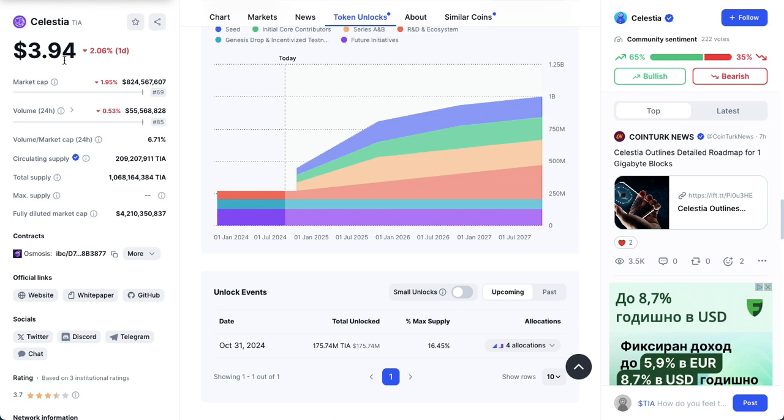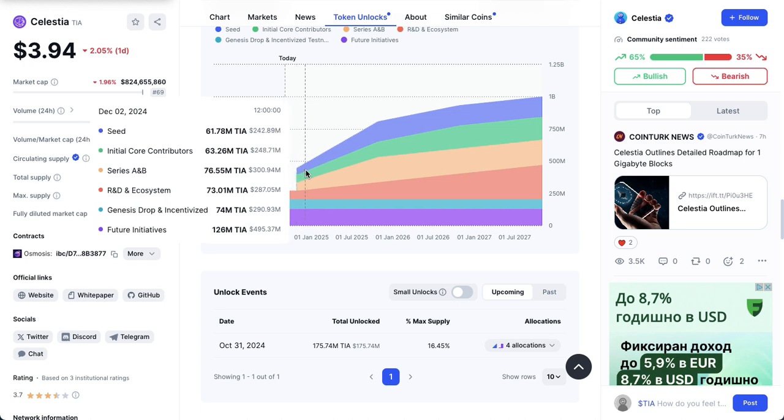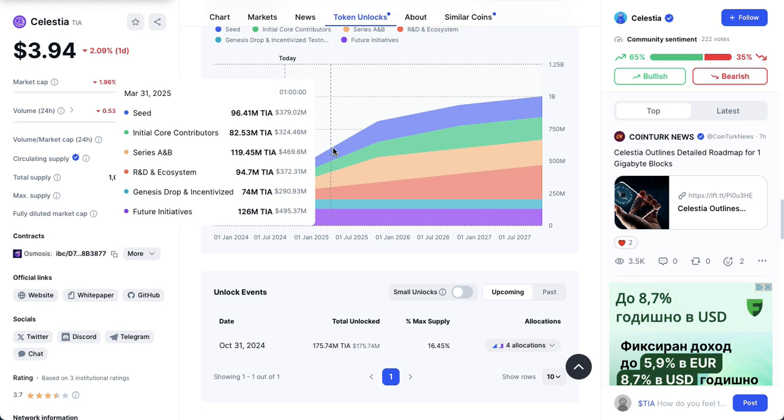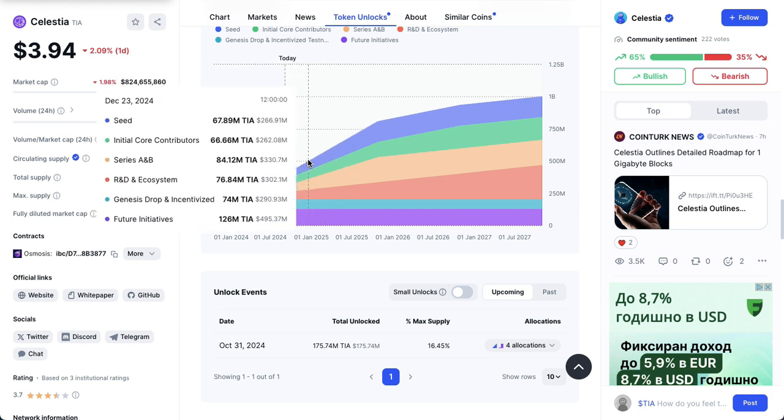Of course, I don't think Celestia will just keep that market cap. I think it will go much higher, but in the short term I think it will be quite bearish for Celestia, and then I think probably it will recover and adjust on the circulating supply.